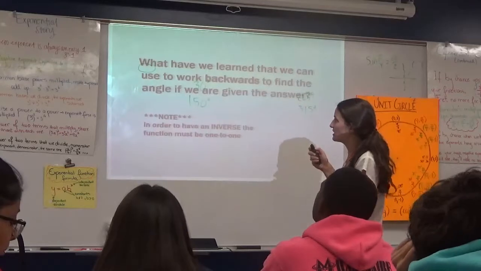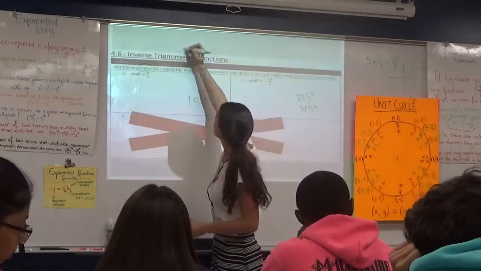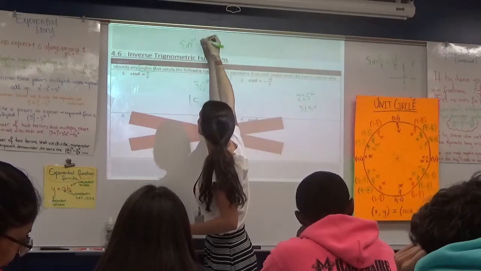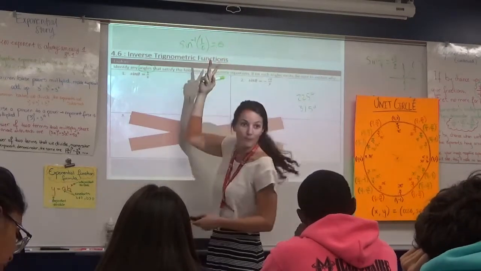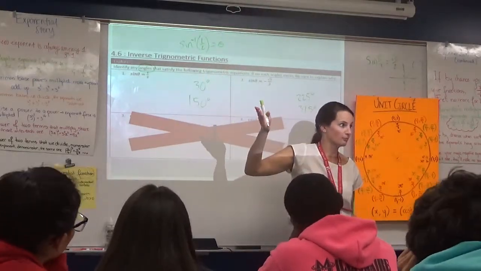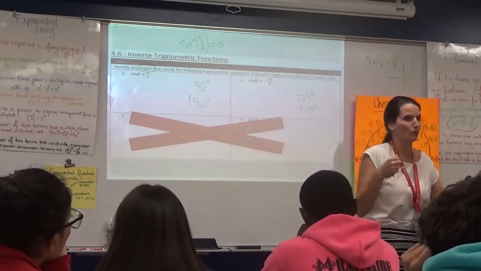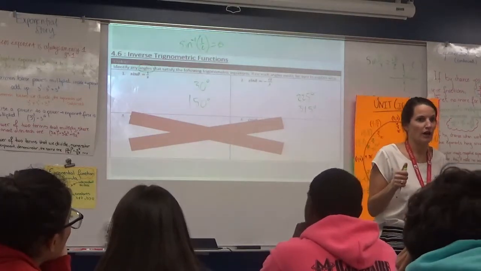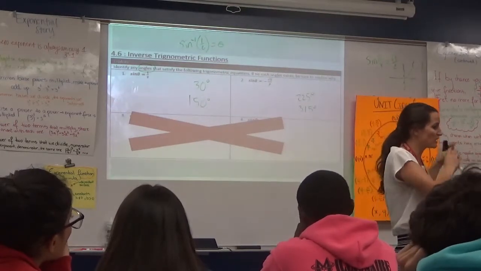And if you look at this problem, if we think about this as sine inverse of 1/2 equals theta, and we switch them, you gave me more than one answer. That's a problem, right? We've got more than one answer, and it needs to be 1-to-1, not 1 to like 5 answers, right? Okay, so we need to restrict for the inverse function, sine, cosine, and tangent.